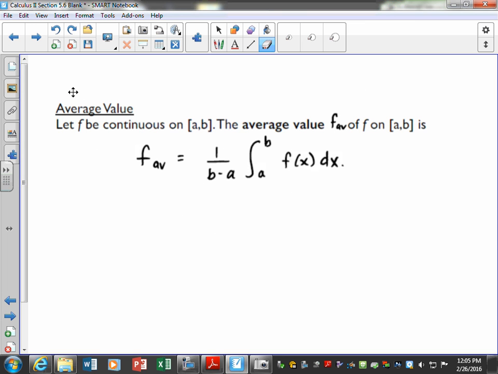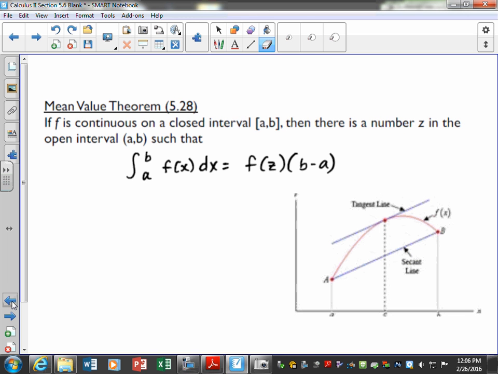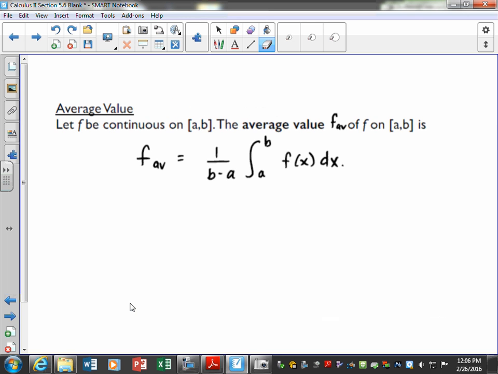So the average value is going to be denoted by 1 over b minus a times the integral from a to b of f of x dx. So we're going to work with two new given theorems and definition formulas. We have a mean value formula that we were given, and we also have an average value theorem.